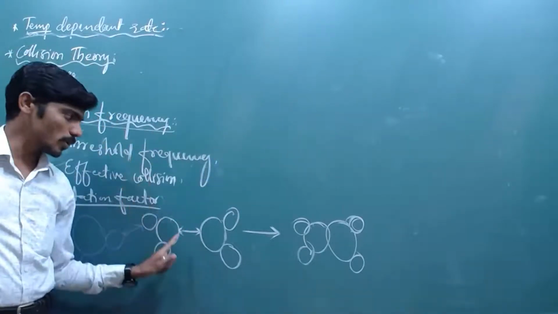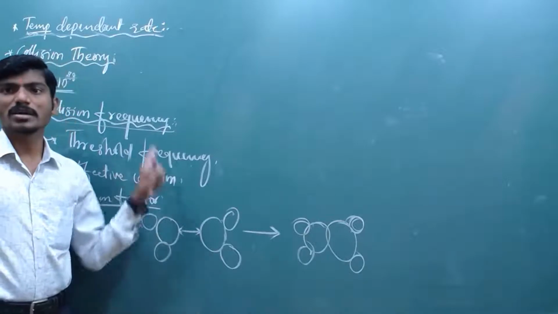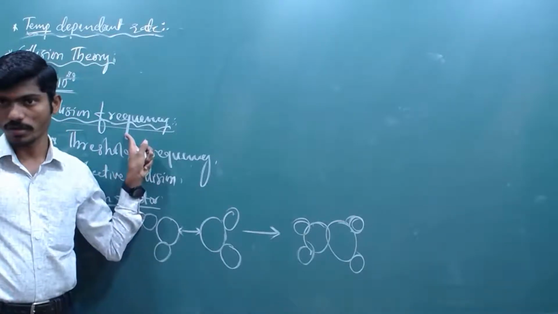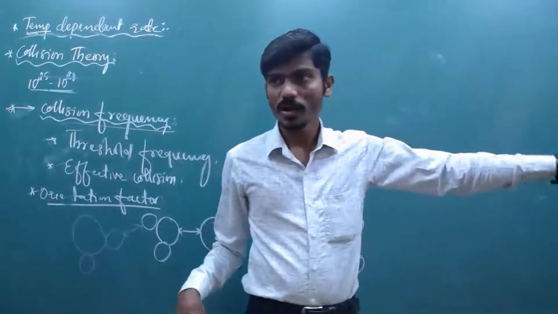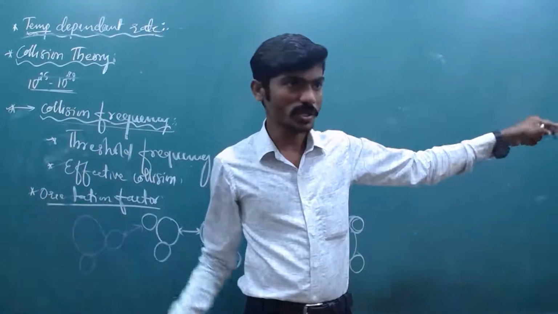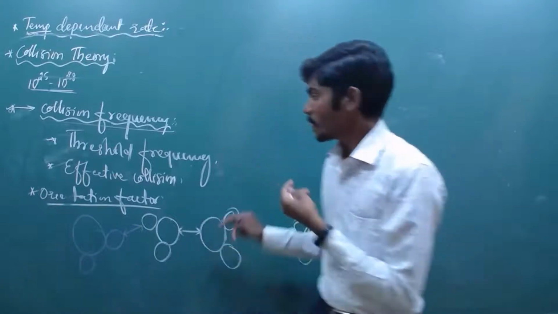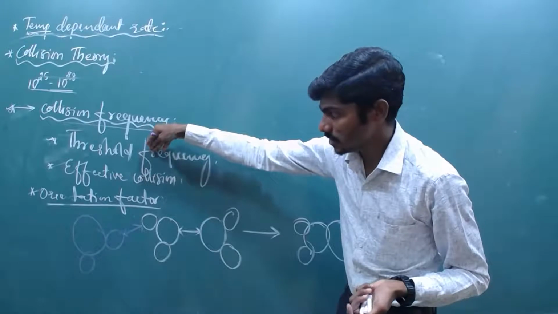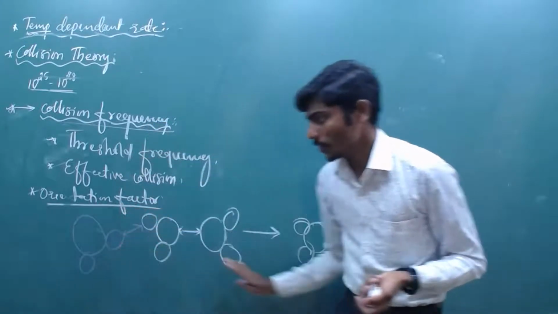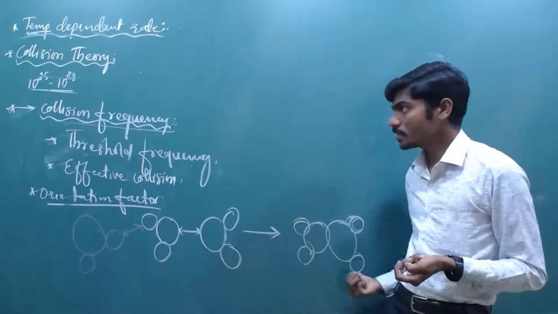So proper orientation is required and some minimum amount of energy is required. The reactants should collide with each other, that is the first condition. Next, the reactants should possess some minimum energy called threshold frequency, and proper orientation is required for a reaction to take place.